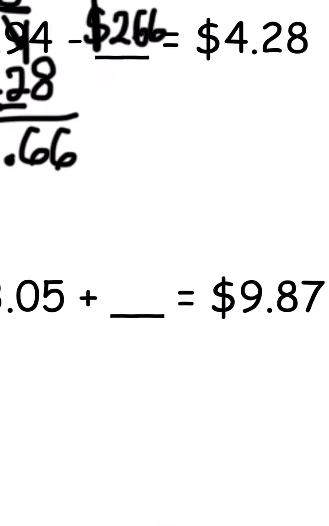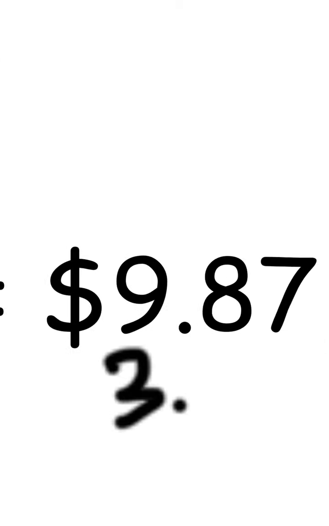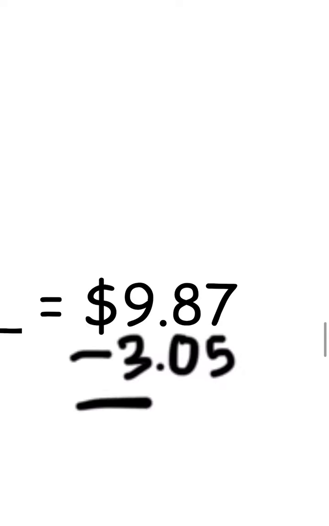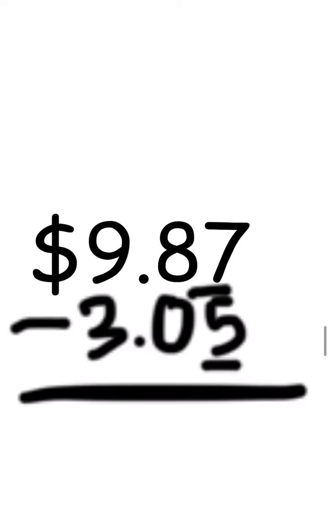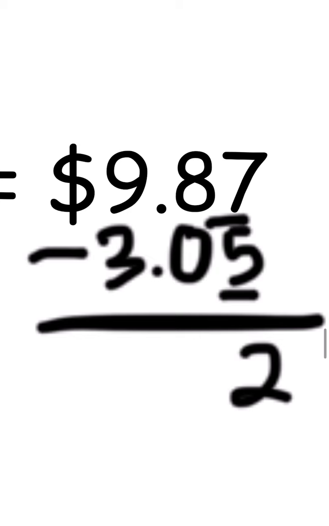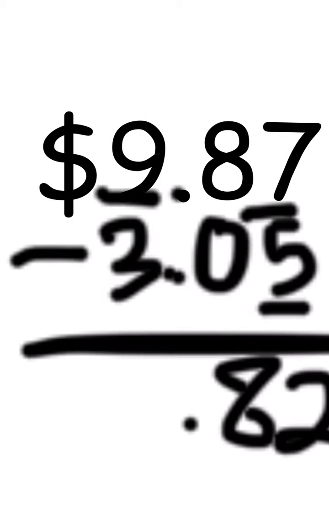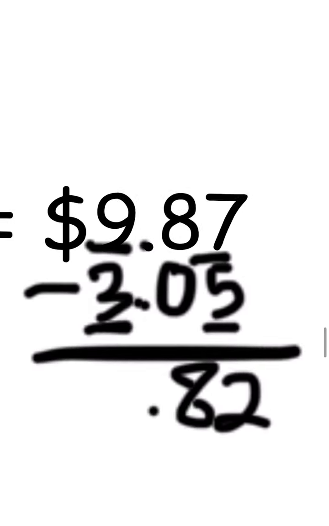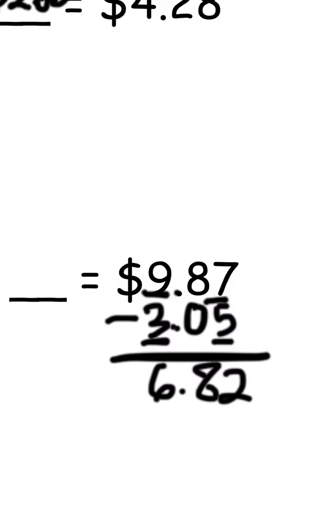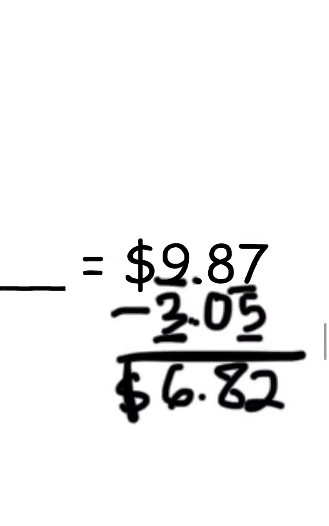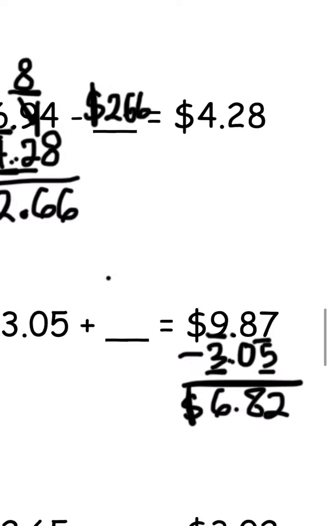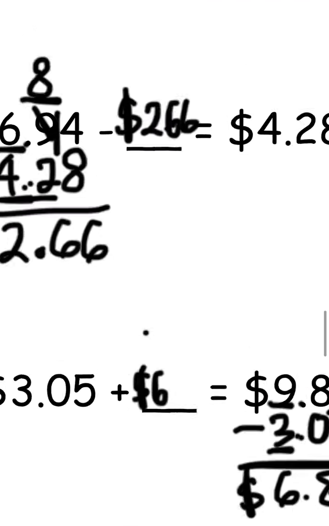So now we need to subtract 5 from 7, which is going to be 2, and 8 minus 0 is 8, and then we need to put the decimal point in the same place, and then we need to subtract 3 from 9, which is going to be 6. Therefore, $6.82 is the answer for number 2.